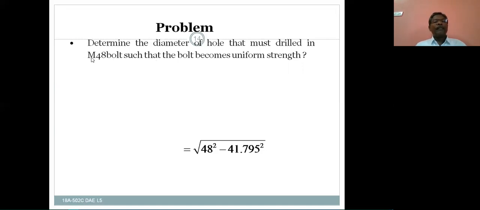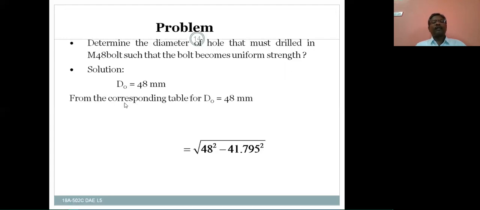That means M stands for metric thread and 48 stands for the nominal diameter or outer diameter or major diameter in millimeters. So with this, DO is equal to 48, which is used to calculate the core diameter. So DO is 48 mm.